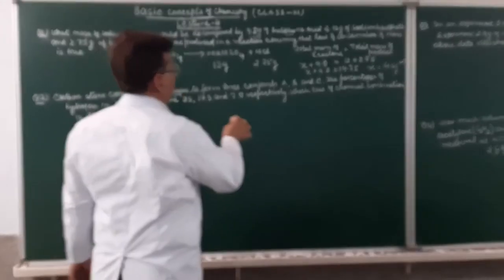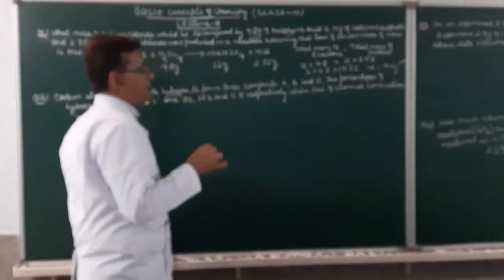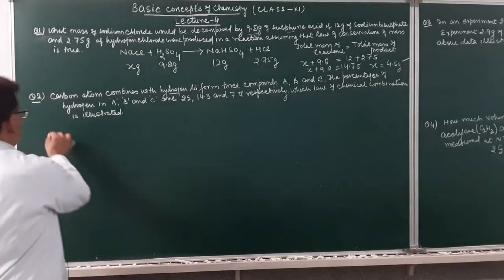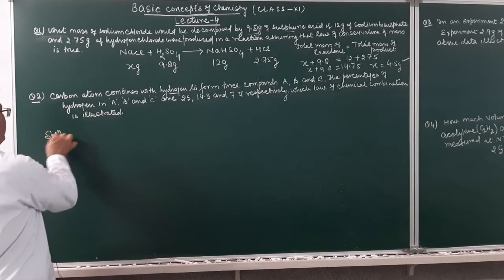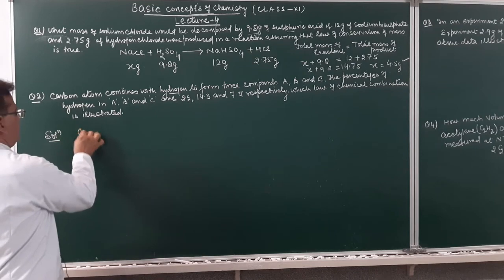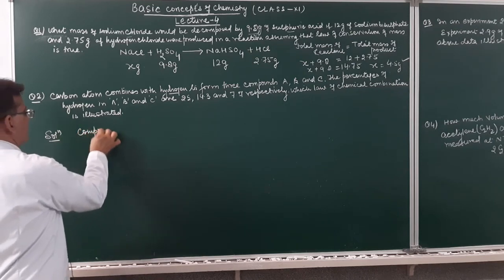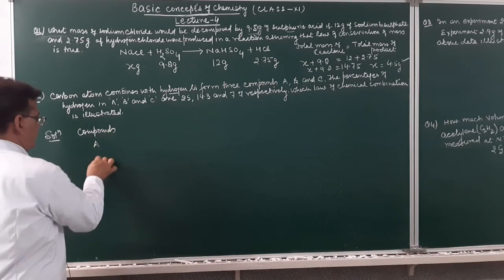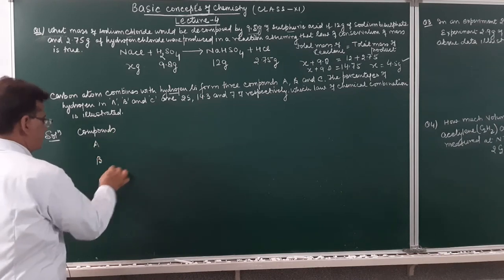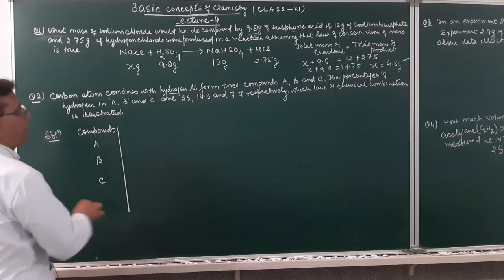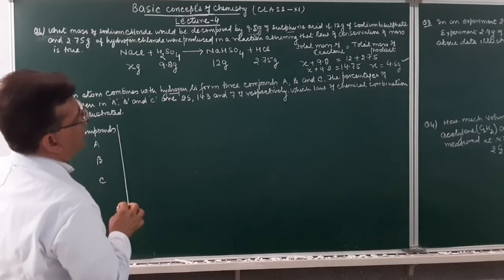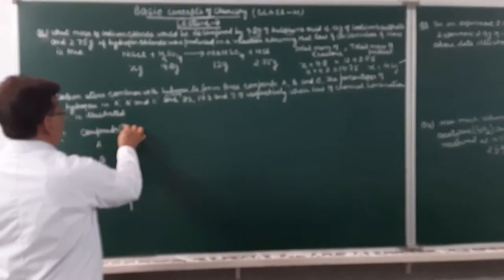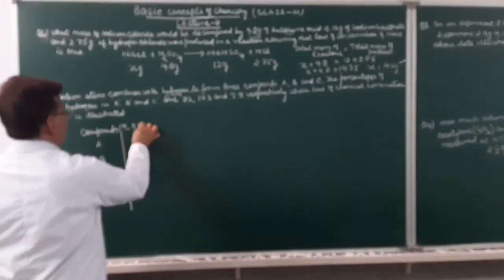Carbon combines with hydrogen to form 3 compounds A, B and C. In the question, we are given 3 compounds: A, B, and C. The percentage of hydrogen in A, B, and C are as follows.